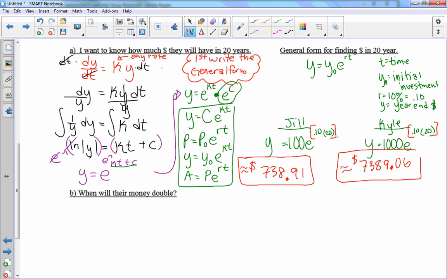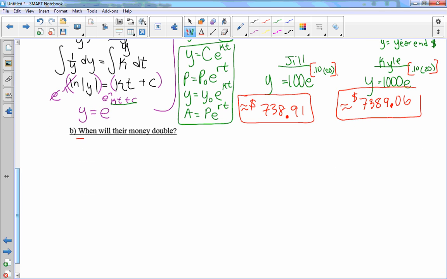Okay. Keep thinking about it. When will their money double? So, again, two different situations. We have Jill and Kyle. Now, if Jill's money is doubling, how much would she have in the end? Okay, but we know she starts with 100, so 200. So 2 times 100. Or you can put 200 if you want, but let's see what happens.